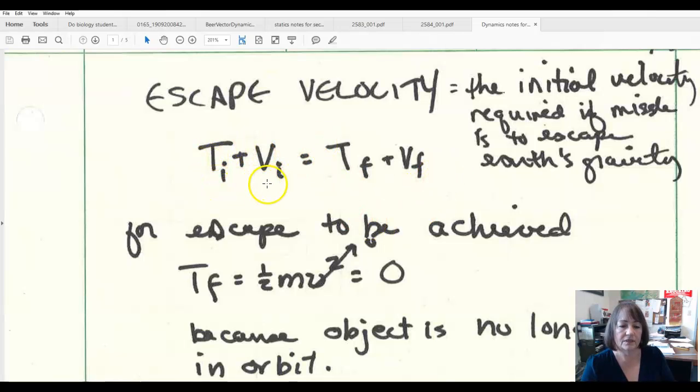So if the potential and kinetic energy exceeds what it needs to go into orbit, that is referred to as escape velocity. That is the velocity that's required on Earth in order for an object to not become part of Earth's gravitational field. In other words, to have too high of an energy and to therefore be able to escape orbit.